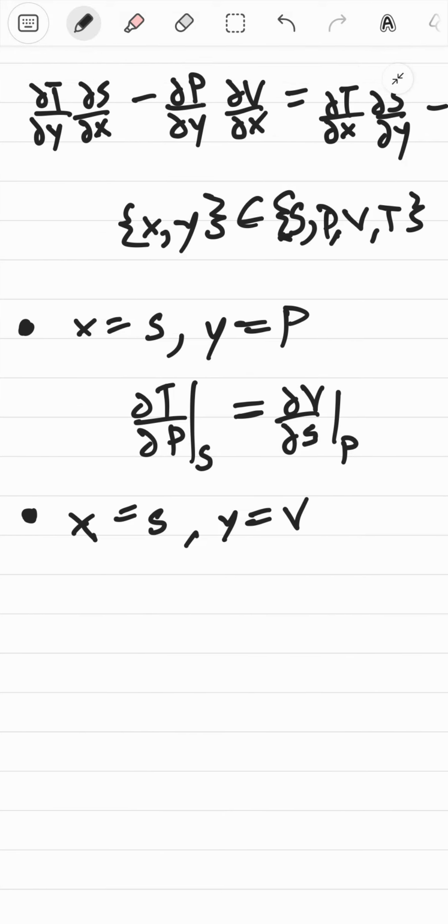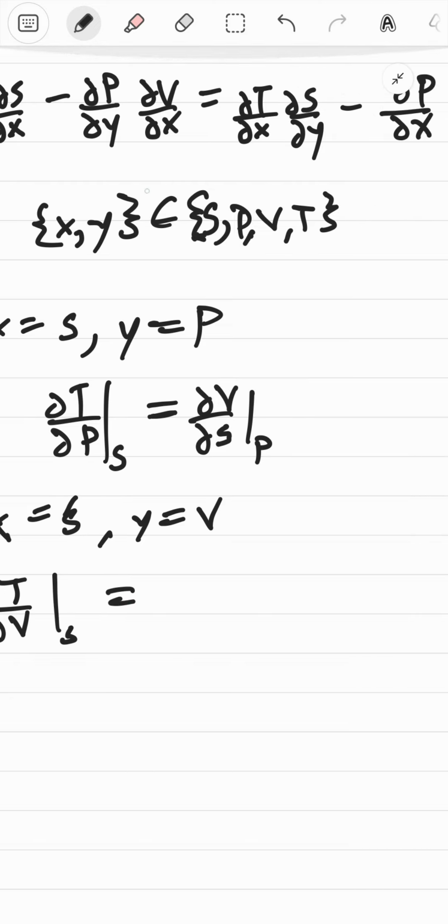Okay, cool. So now what do you have? So x is s and y is v. Now this thing gives us partial t by partial y is just partial t by partial v, and now this thing is just going to become 1 over there. And this thing just becomes 0. So you just get partial t by partial v at constant entropy.